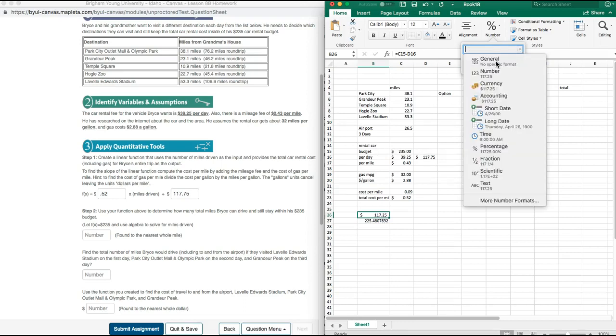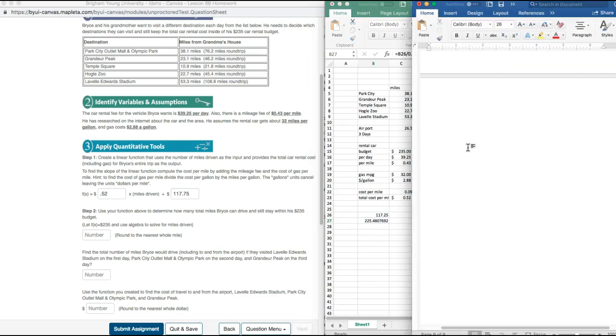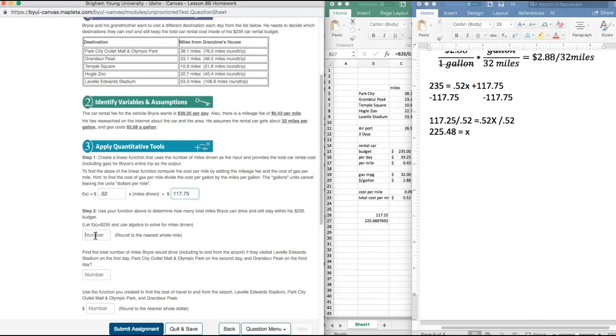So I'm going to get rid of that just so it doesn't confuse anyone. We are dealing with 225 miles. So dividing those is 225.48 equals x. X is the number of miles we can go, and this says round it to the nearest whole mile. 4 does not round up the 5, so it's just 225. So we're going to put in 225.